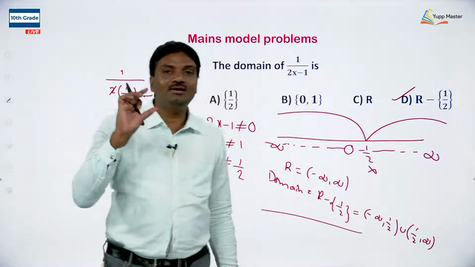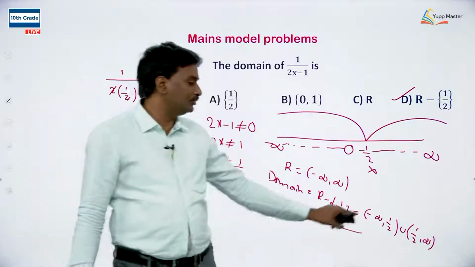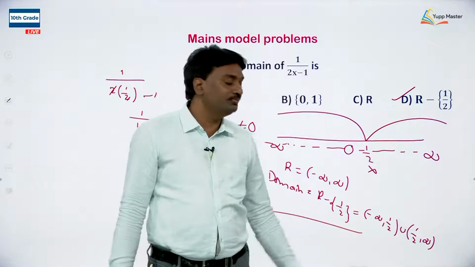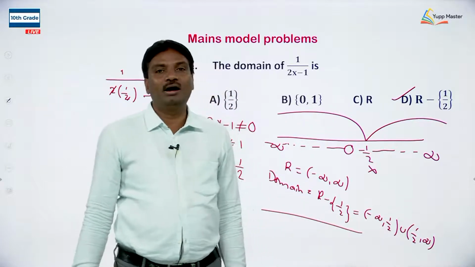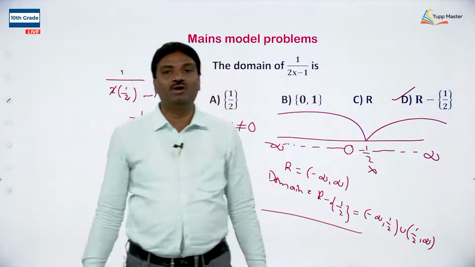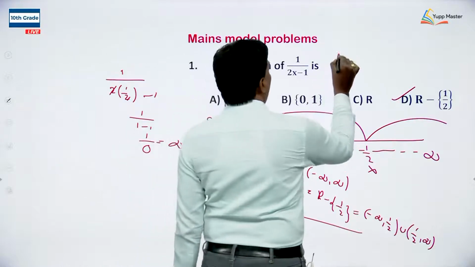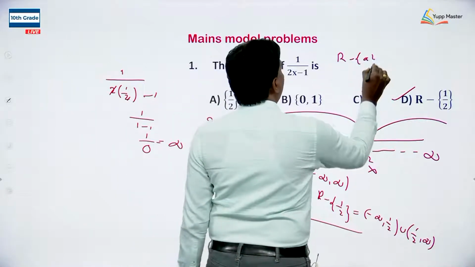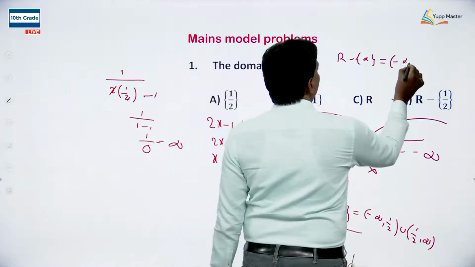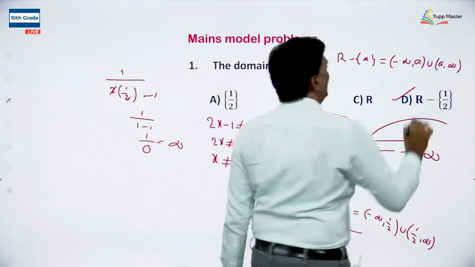So that's why we take an open bracket. Not considering means we are not taking those values. So minus infinity comma 1 by 2 union 1 by 2 comma infinity is also represented as R minus {1 by 2}. In general, R minus {a}, where a is some real number, we can write as minus infinity comma a union a comma plus infinity.